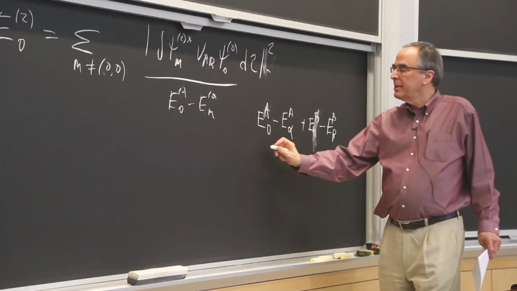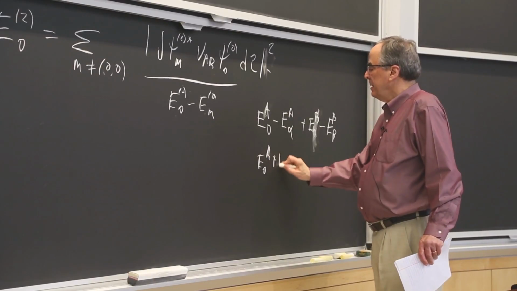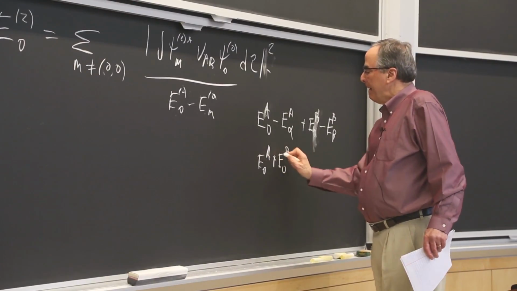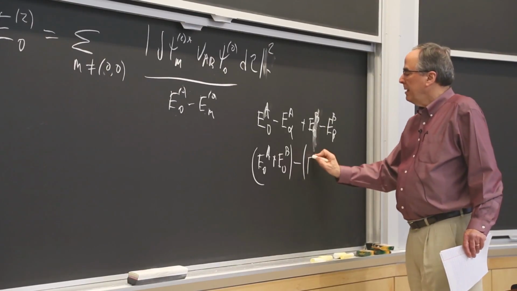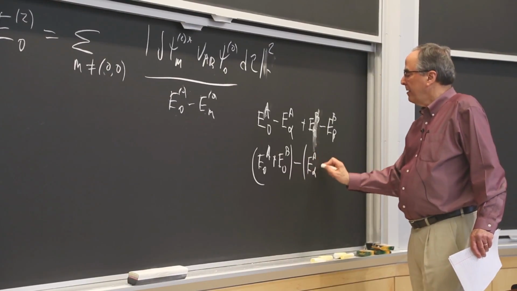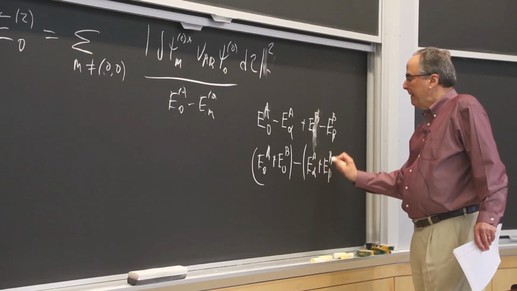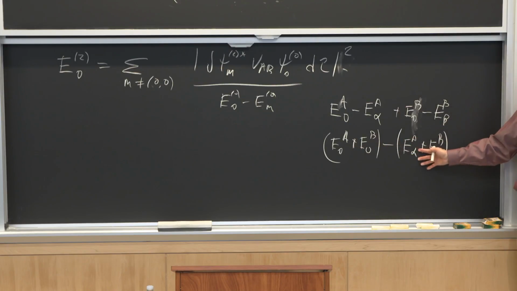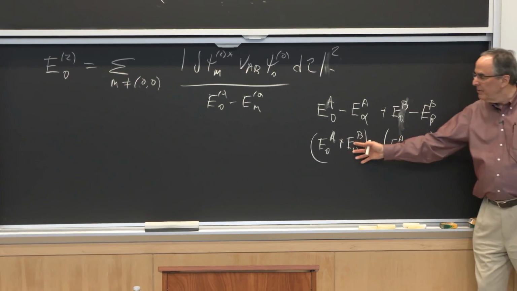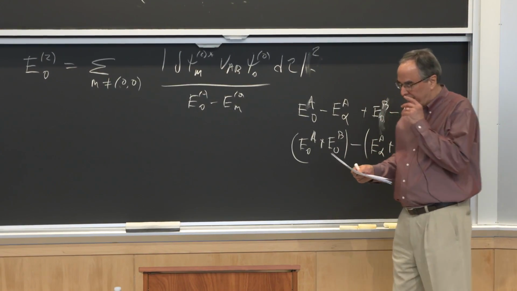And we can rearrange that. So we have E 0 A plus E 0 B minus E A alpha plus E B beta. So we have the ground state energy and the known excited state energies, and there's the difference between these. So that part is simple.